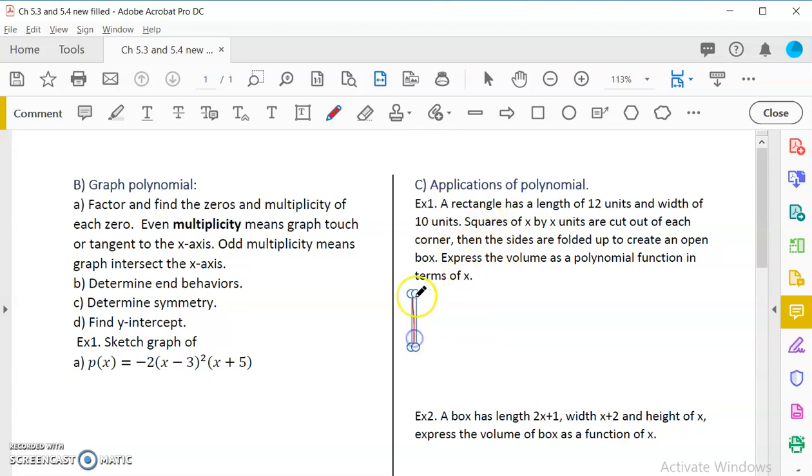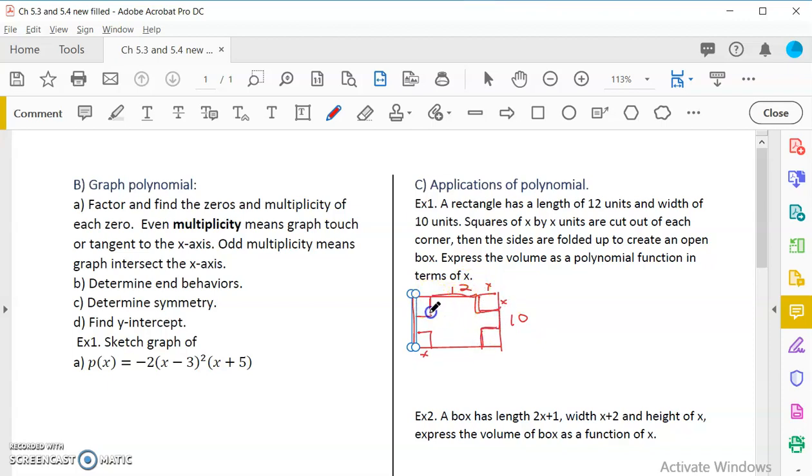So you can draw the picture. 12 and 10. And then squares of x by x unit are cut out from each corner. x and x. Cut this out. So it becomes like a cardboard like that.